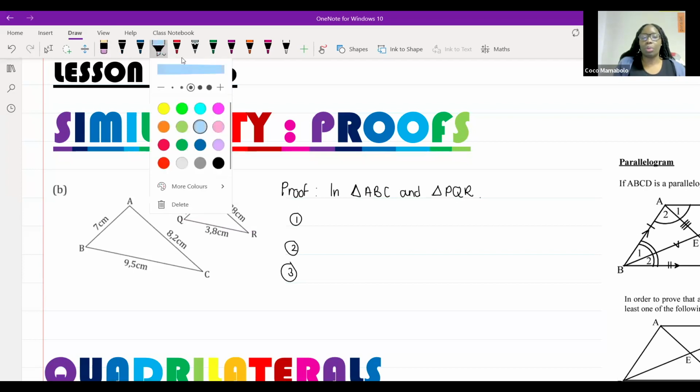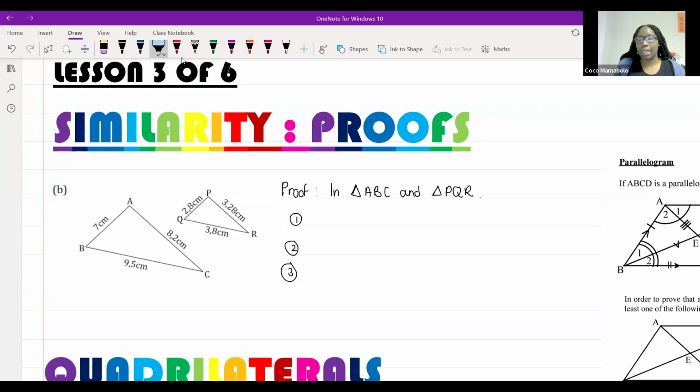All right. So we're going to start with the first two. We're going to say AB. AB is in proportion with which side, guys? PQ. PQ, absolutely good. So let's go ahead and put those values in. AB is in proportion with PQ, which is equal to, I know that AB is equal to 7 over PQ, which is 2,8.